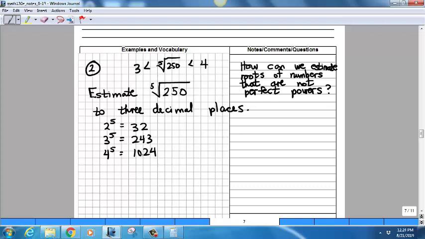This is where fractional exponents really help you. Montel, how can you rewrite that fifth root of 250 as an exponent?